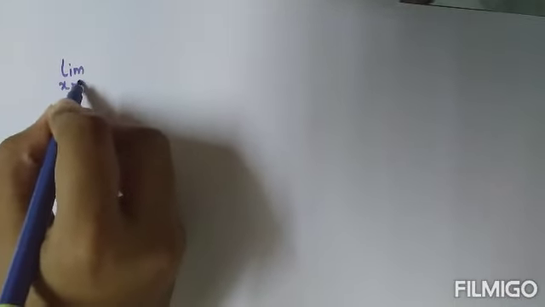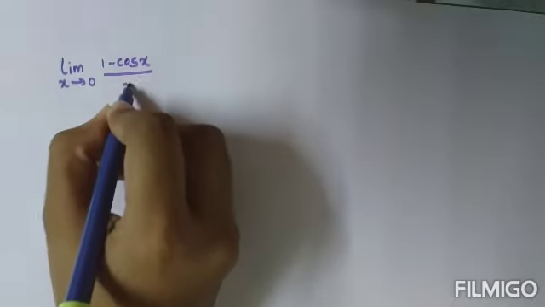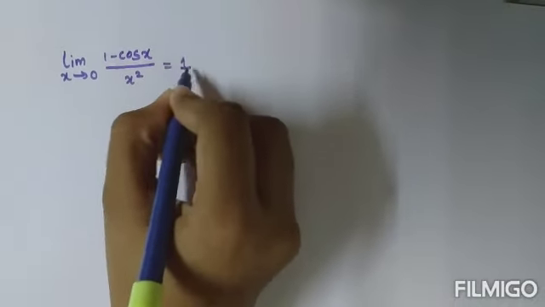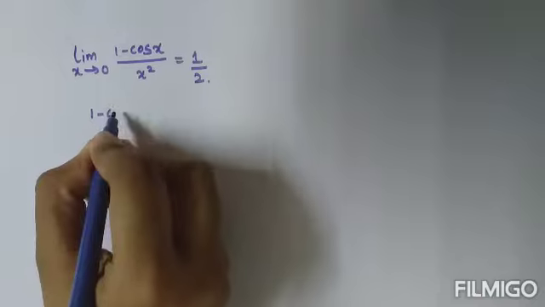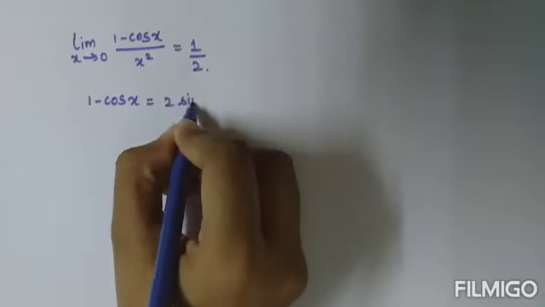Now let us see one more trigonometric function. Limit x tends to 0, 1 minus cos x by x square is equal to 1 by 2. This is very simple to derive because we know that 1 minus cos x is equal to 2 sin square x by 2.